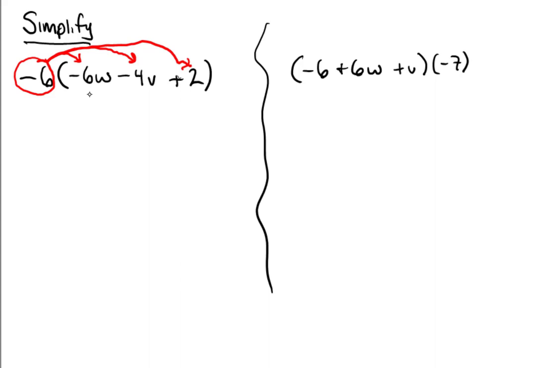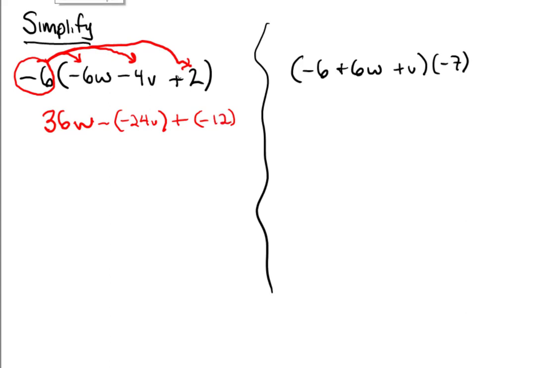Well, -6 times -6 is, of course, 36, and that's a w. -6 multiplied against the 4v is -24v, but notice with the minus sign, well, actually, let's just write this in. We'll do that in the next step. Minus 24v, and then in the last slot we have -6 times the +2, which is a -12.